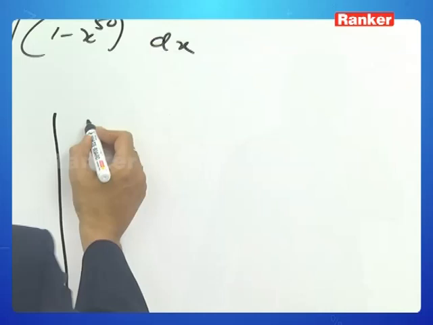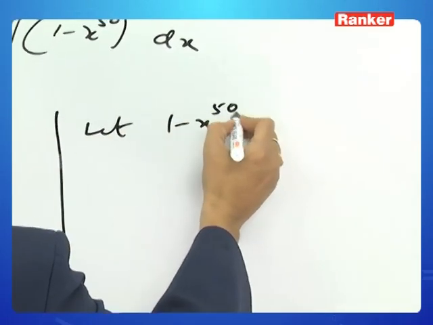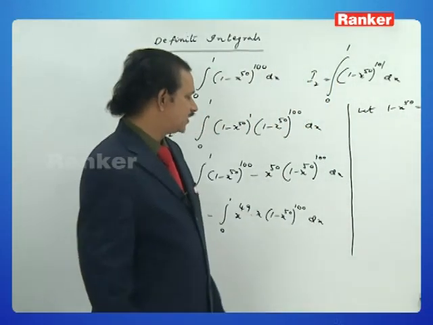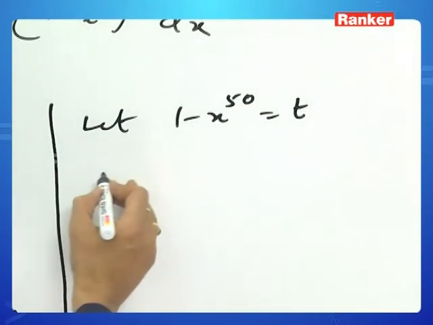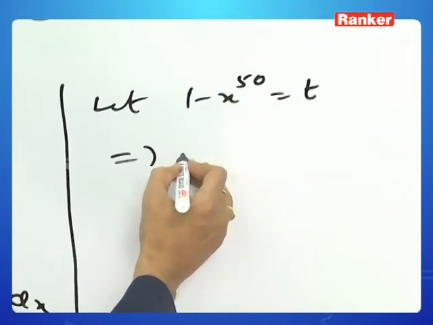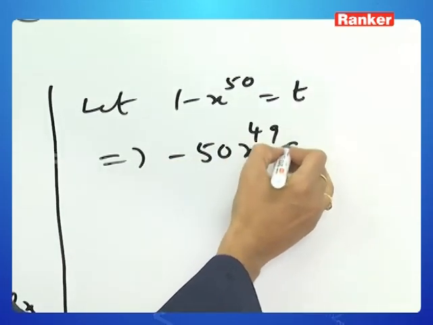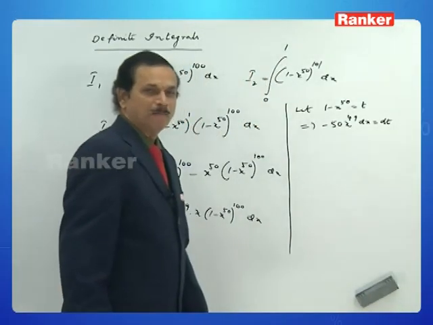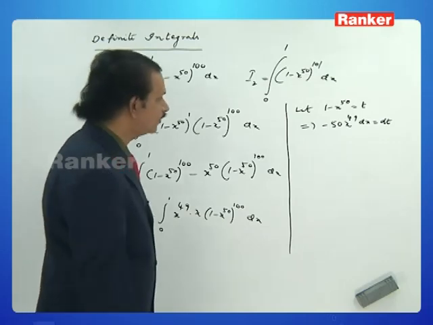Let 1 minus x to the power of 50 be equal to t. This implies minus 50 x to the power of 49 dx is equal to dt.